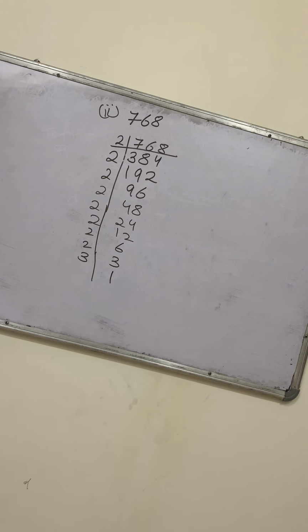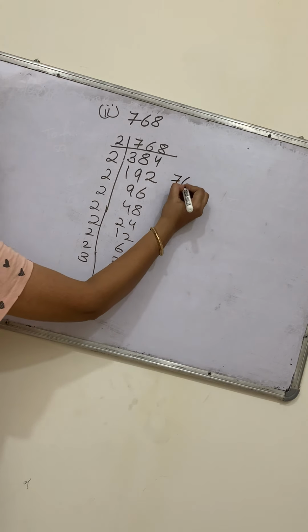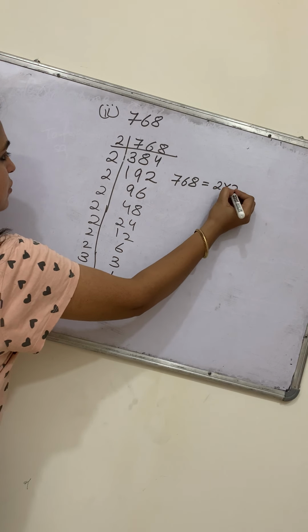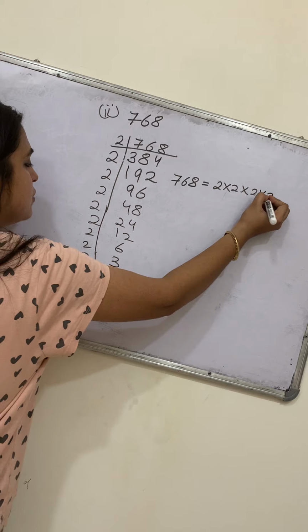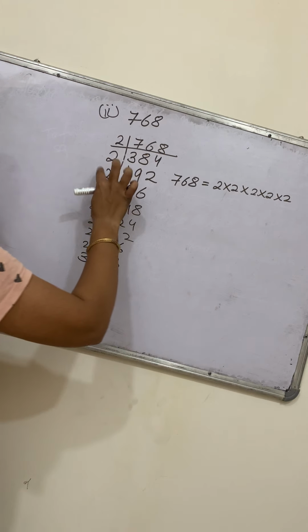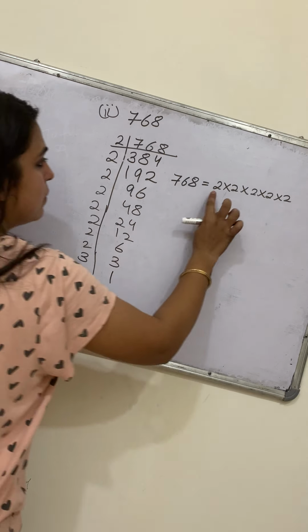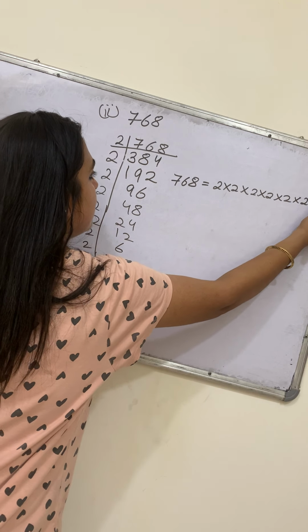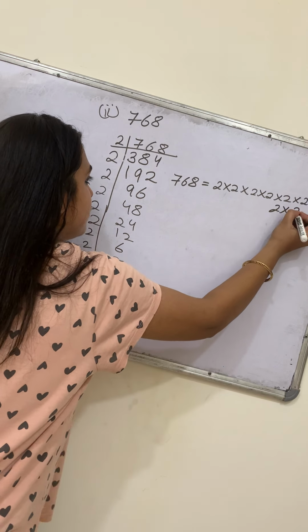This is for 768. Let us write the factors. 768 is 2 into 2 into 2 into 2, 1 2 3 4 5 6 7 8, and 3 is there.